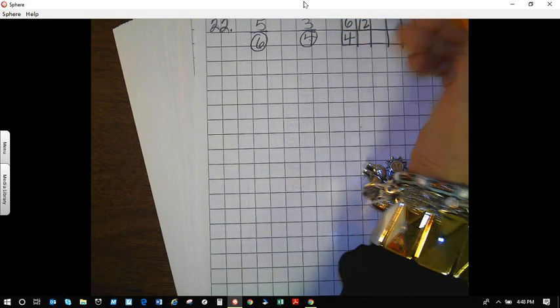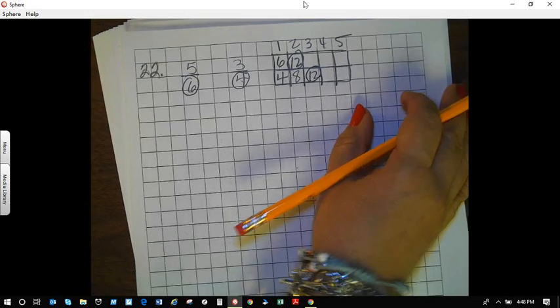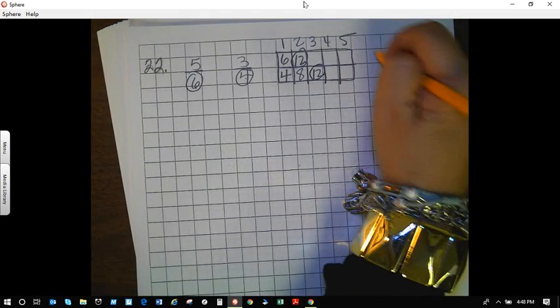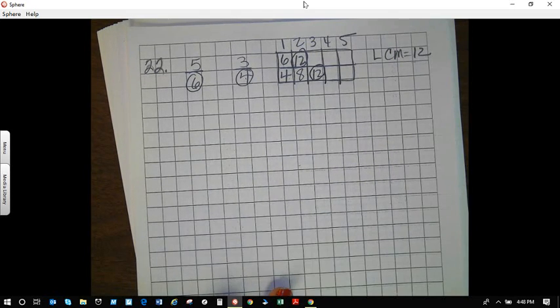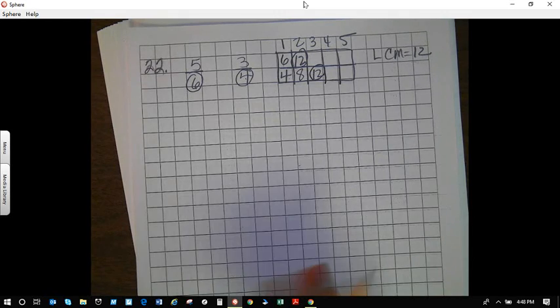Put in my denominator, 6 and 4. So I have 12. Whoops, I'm going to stop there because I know that there's 8 and here's 12. Did I find my lowest common multiple? Yep. So here's my LCM, which is equal to 12, which means that 12 is my common denominator.